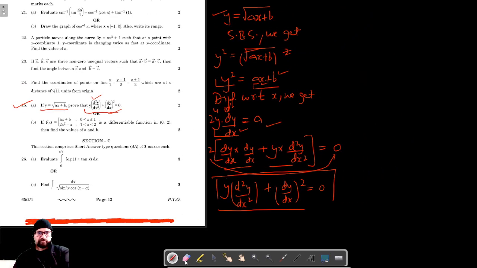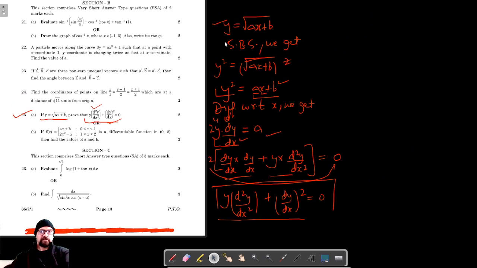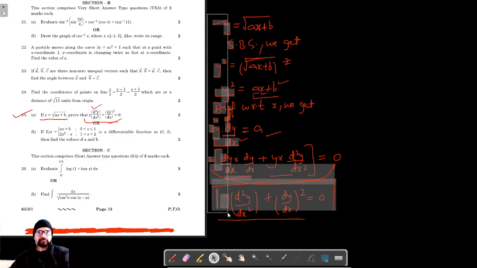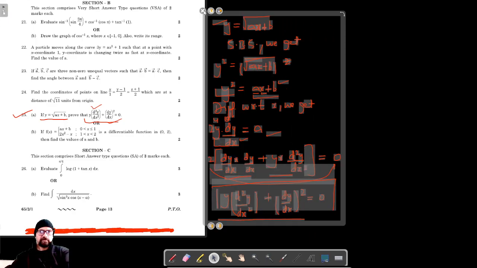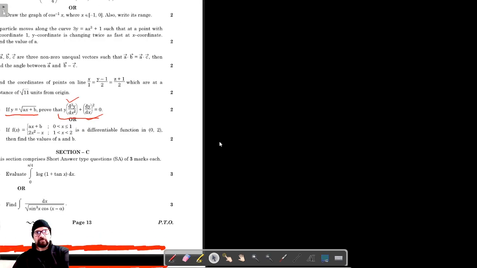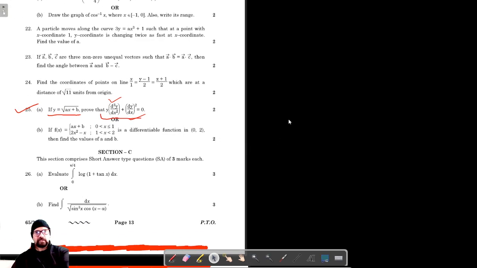For the second part, it's given that the function is differentiable in the open interval 0 to 2. Let's write down the function first.